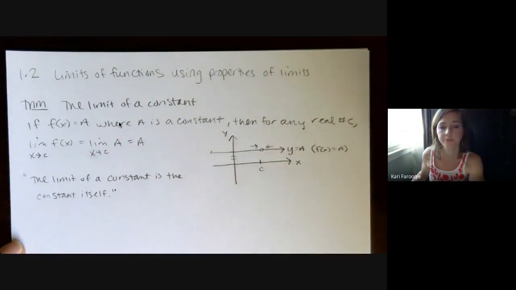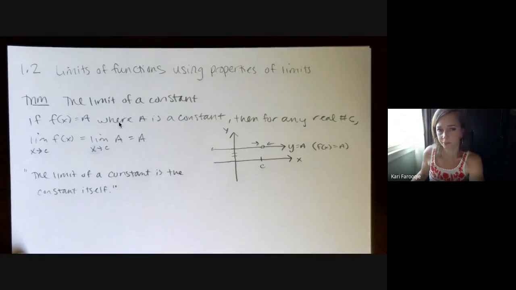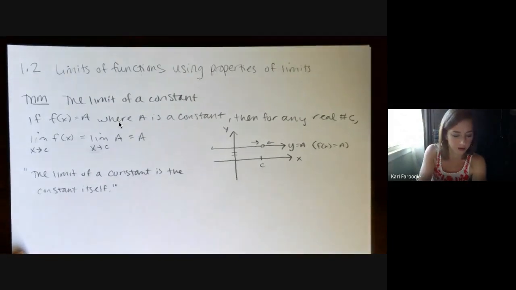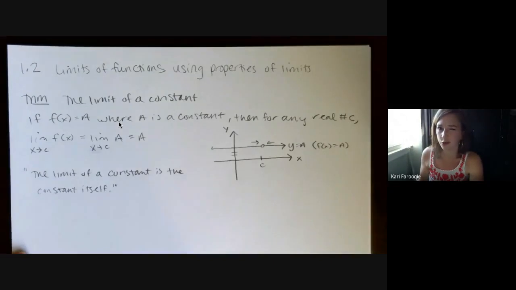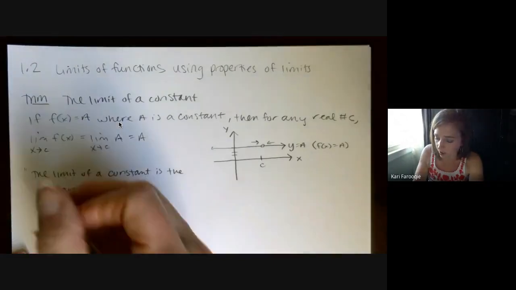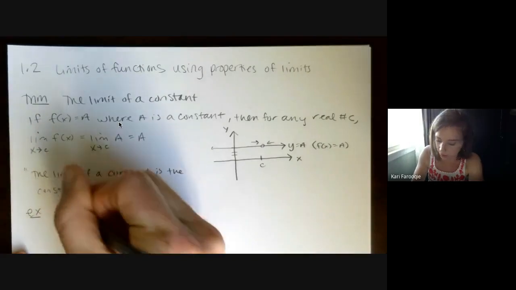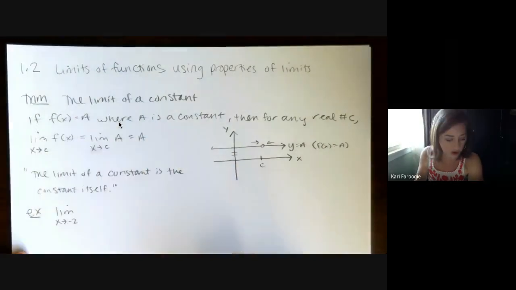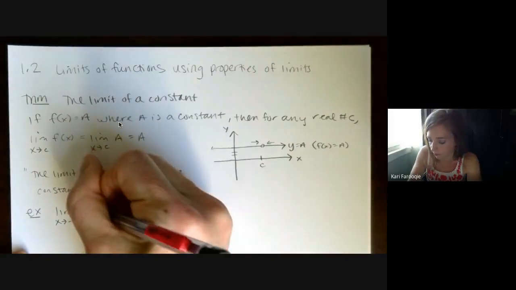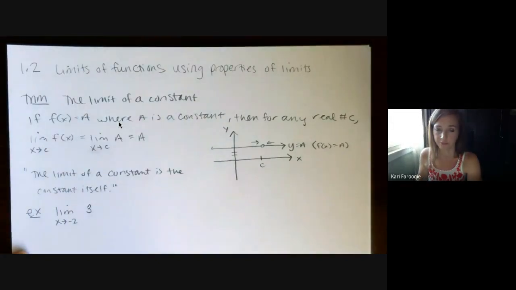Questions on that one? Excellent. So I'm just going to give you a little example to go along with each one of these. There's not a whole lot to do for something like this, but one example that illustrates this theorem might be the limit as x approaches -2 of 3.